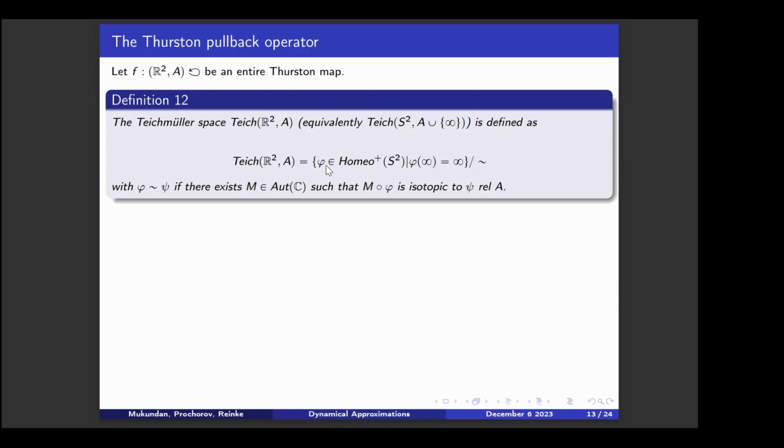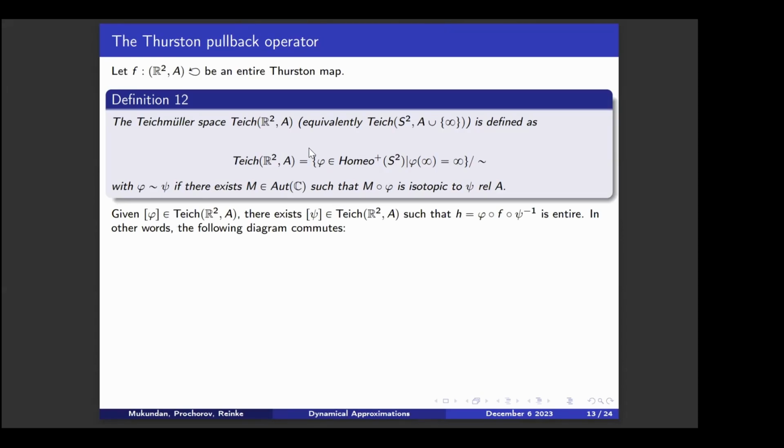Basically, you look at all homeomorphisms that are orientation preserving on the sphere and which also map infinity to infinity, modulo an equivalence relation, which says that two such maps phi and psi are equivalent if there is some affine transformation M such that M composed with phi is isotopic to psi relative to A. This is a very technical definition, but this space is pretty well known. If you look at any textbook on mapping class groups, for example, I'm sure you can find this.